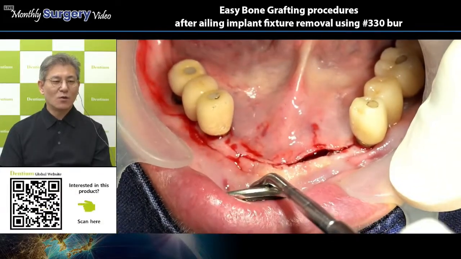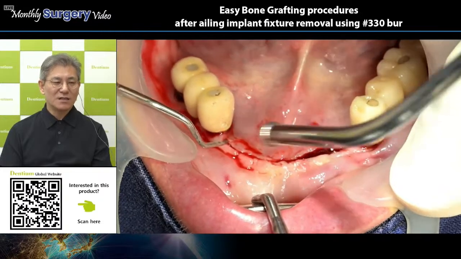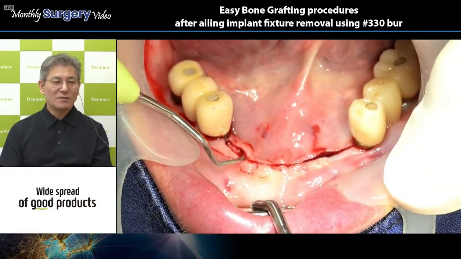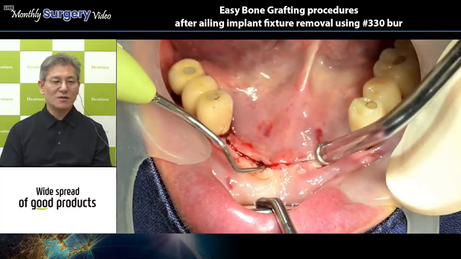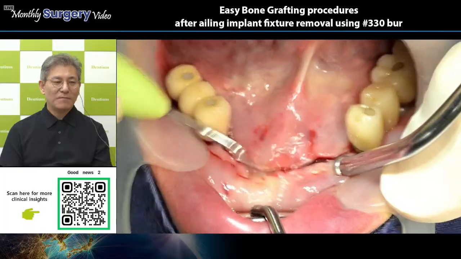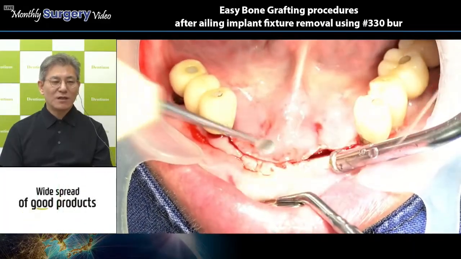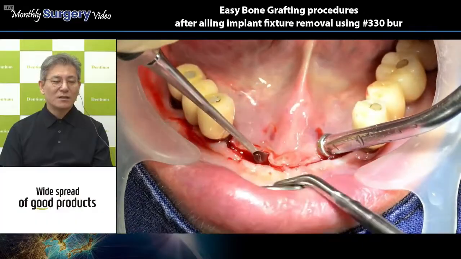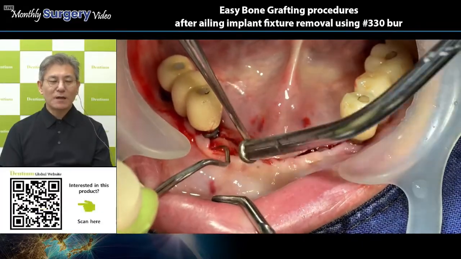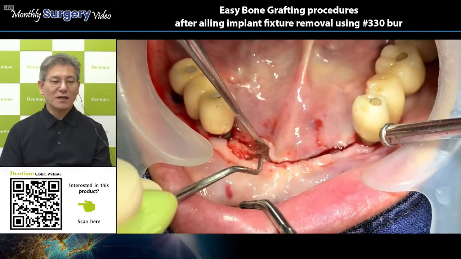However, in the lower jaw, the mandible, the mid-crestal incision is the general scheme. As you can see, the mid-crestal incision was made and the flap was reflected, and the lingual flap was reflected here. And about the number 33 area, the previously installed implant is exposed, right?